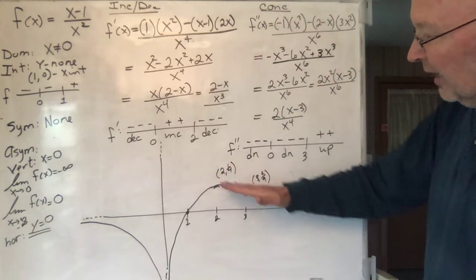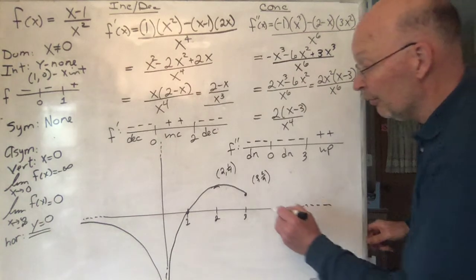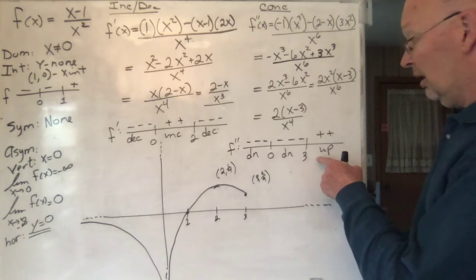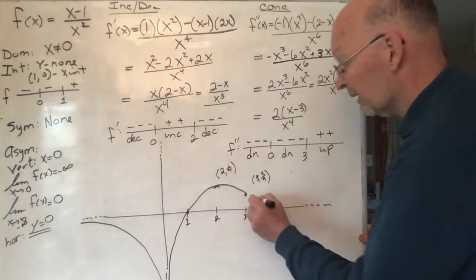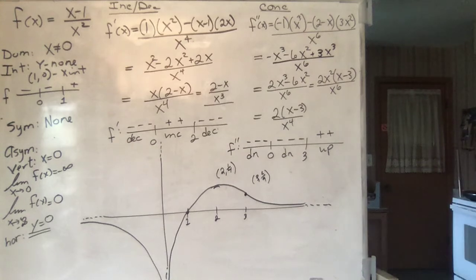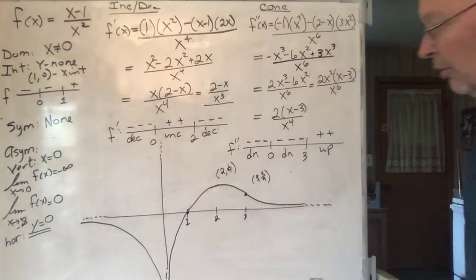It's still concave down, so it's still below the tangent line. Once you pass 3, it becomes concave up. And it's still decreasing all the way. It just becomes concave up. So it looks something like that. So there you go. Not bad. Not a bad looking graph, if I do say so myself.